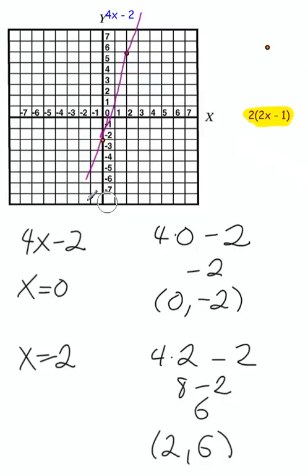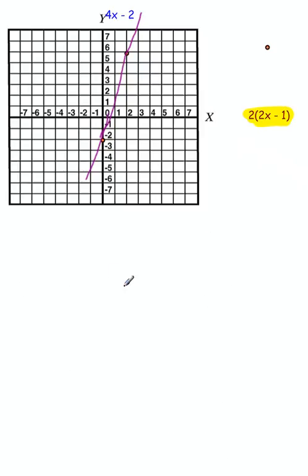So now we're going to move on to our second equation. We are going to graph 2 times the quantity 2x minus 1. So why don't we start with x equals 1 this time.